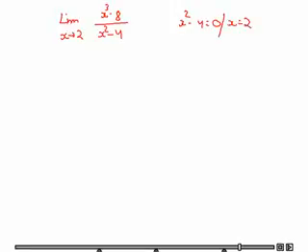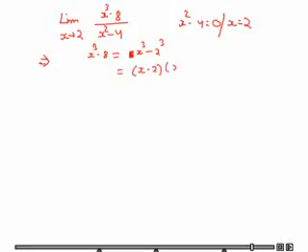So in this kind of problem we try to factorize and see if there is a common factor which gets cancelled. In this case it's obvious that we can factorize x cube minus 8 and x square minus 4. x cube minus 8 can be written as x cube minus 2 cube, which is equal to x minus 2 into x square plus 4 plus 2x.